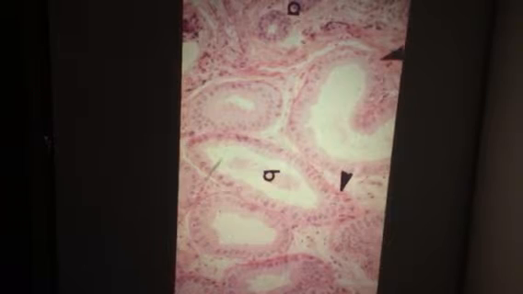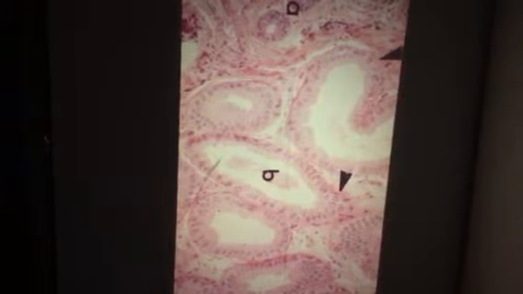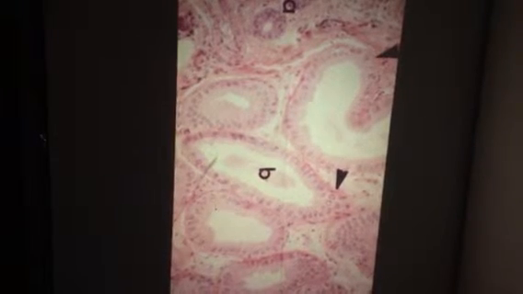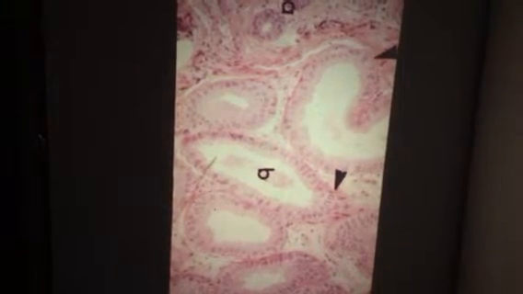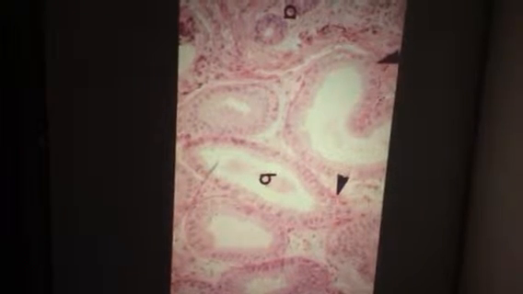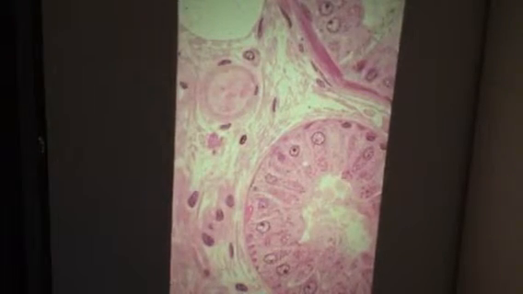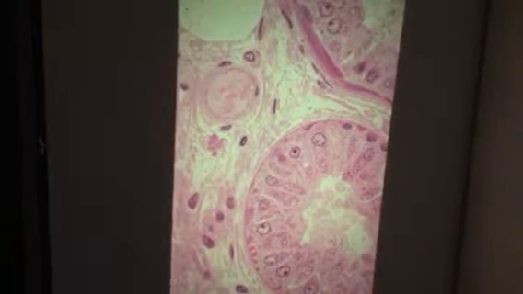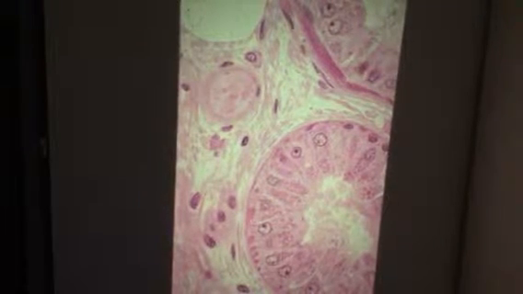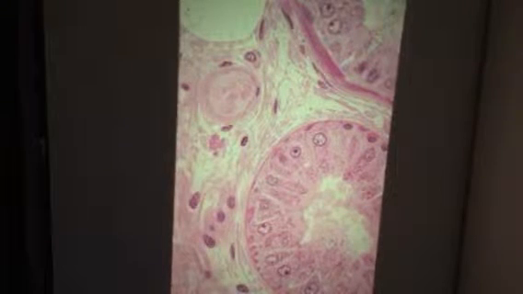What are these right here, specifically? Apocrine sweat glands. And that tissue would be what? Simple columnar epithelium. And right here, those are processes from what kind of cell? Myoepithelial cells.